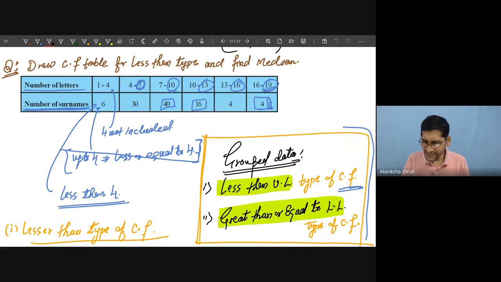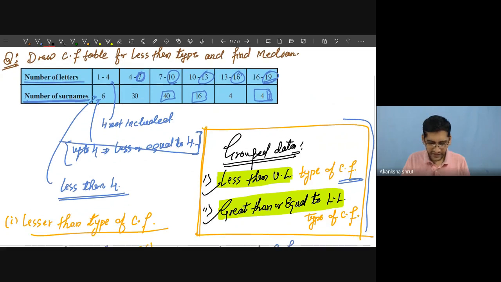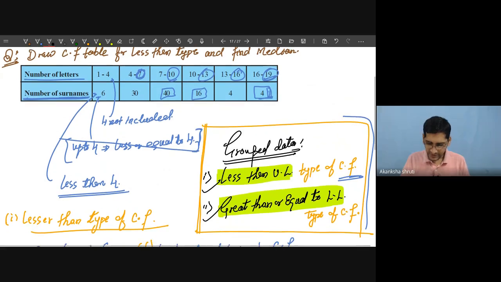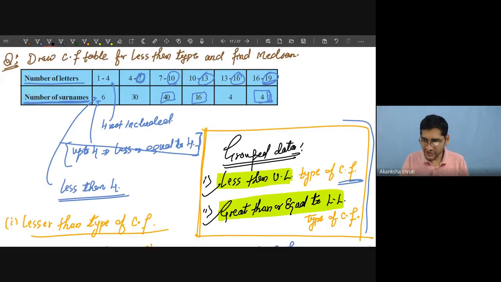So this way we have understood how to draw the less than type curve, more than type curve, and how to find the median from that. So these are the three important things that we have to keep in mind. So this was all about this chapter. We have learned everything, but for a matter of practice, we will practice a few more questions.